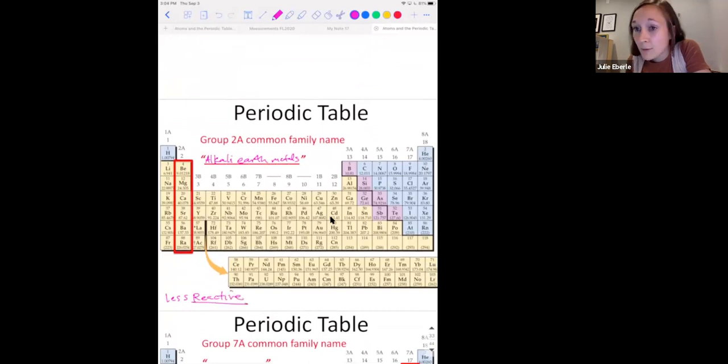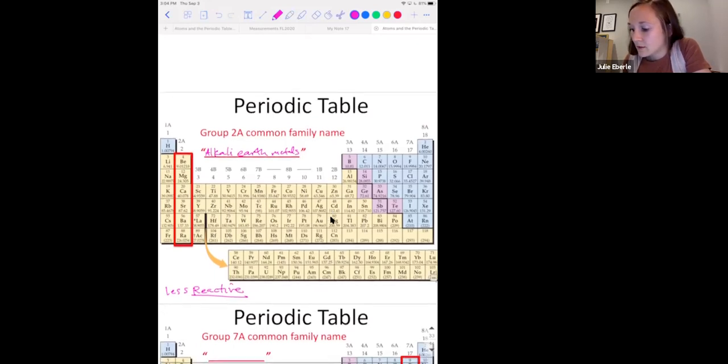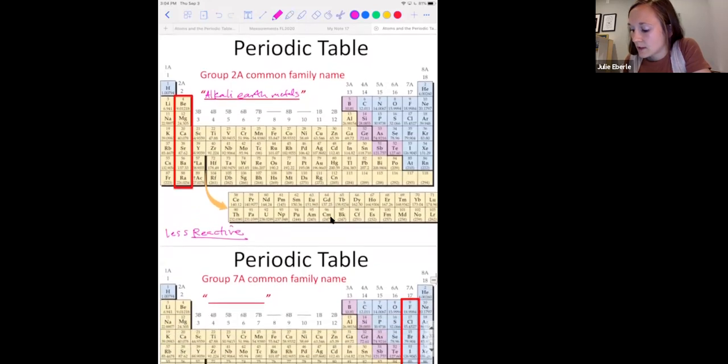But they still are reactive, just not as reactive as group 1. Similar to group 1, we'll find these in compound form. You don't really see them as pure elements a whole lot. And these are things like calcium, magnesium, barium, okay? Those are the alkaline earth metals. All right, let's keep going.